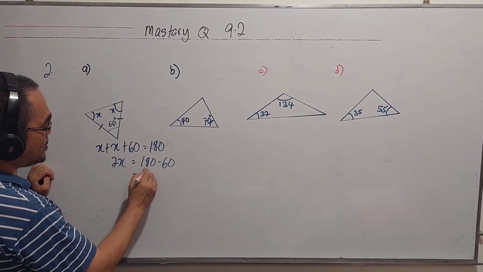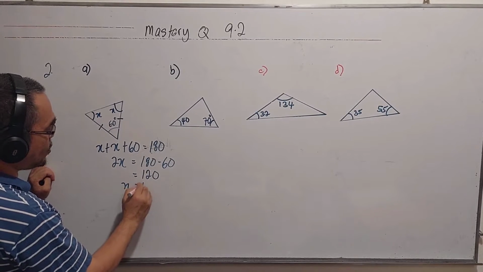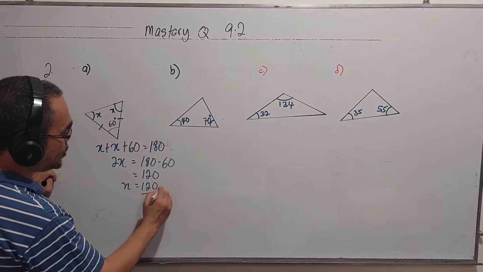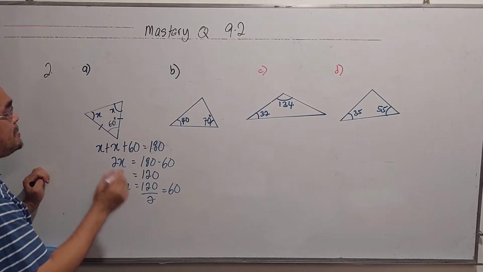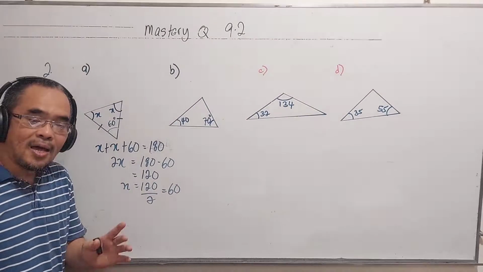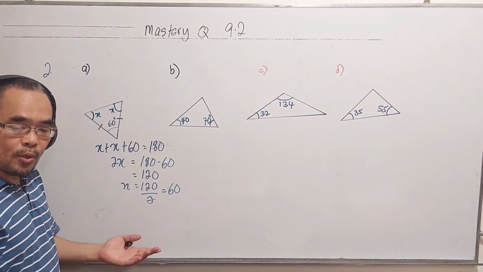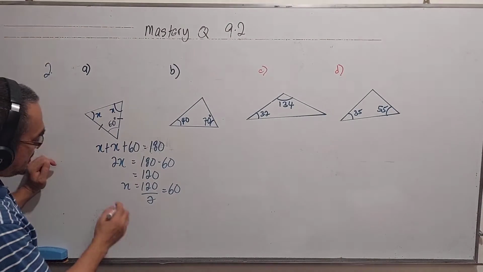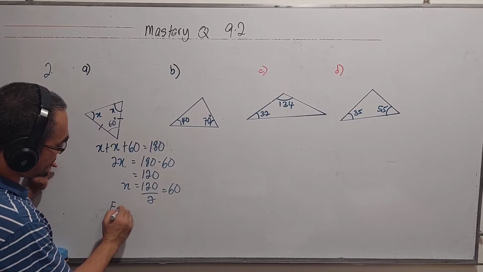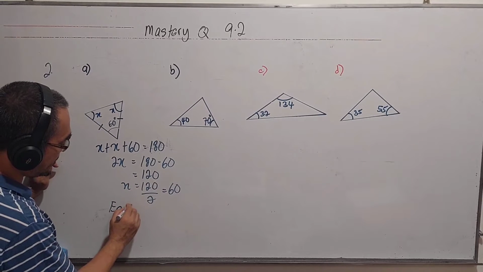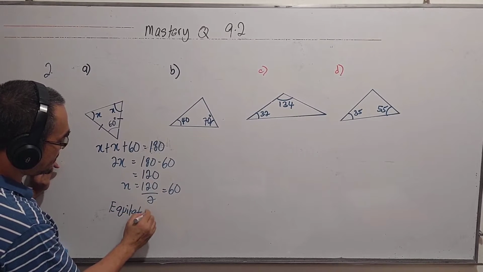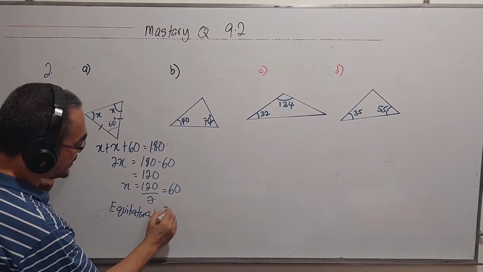So the value of 2x will be 120. So x will be 120 divided by 2, which is 60. So it means all the angles are 60 degrees. So what is the name? Equilateral triangle.